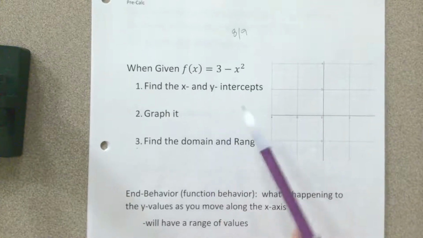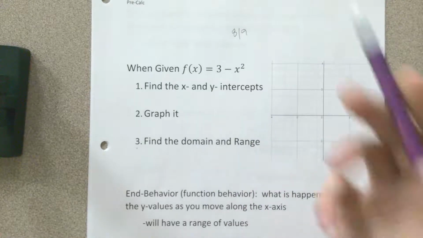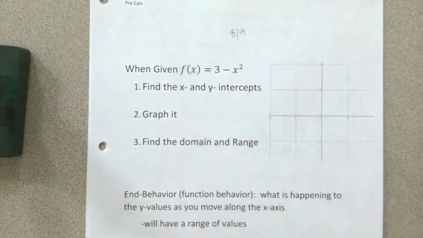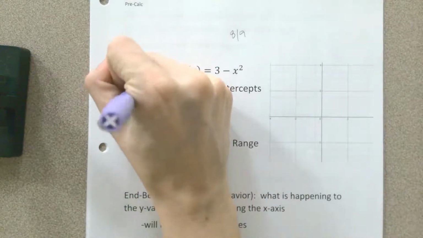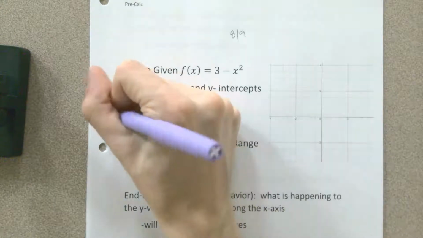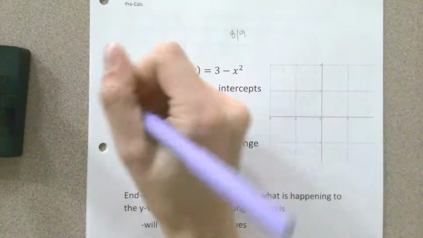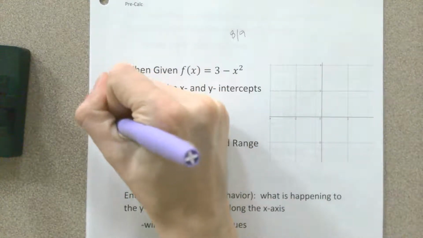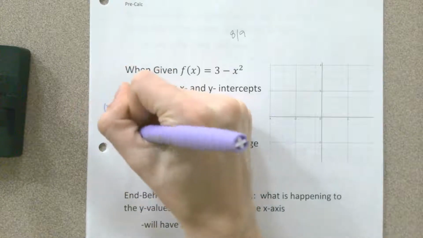Okay, to find x and y intercepts, we're going to set them equal to 0, right? So let's do x-int first. So we set y equal to 0, and we get 0 equals 3 minus x squared. We get x squared equals 3, so x equals plus and minus the square root of 3.